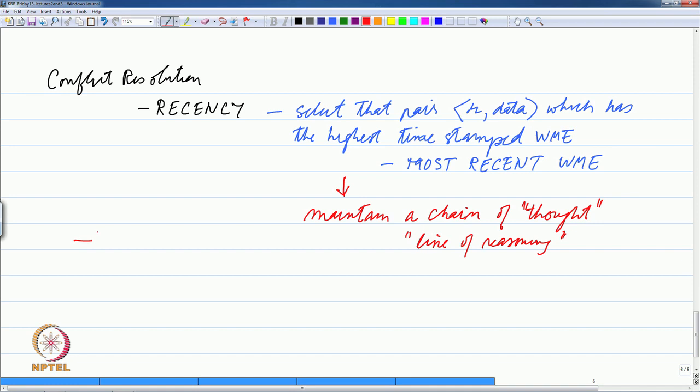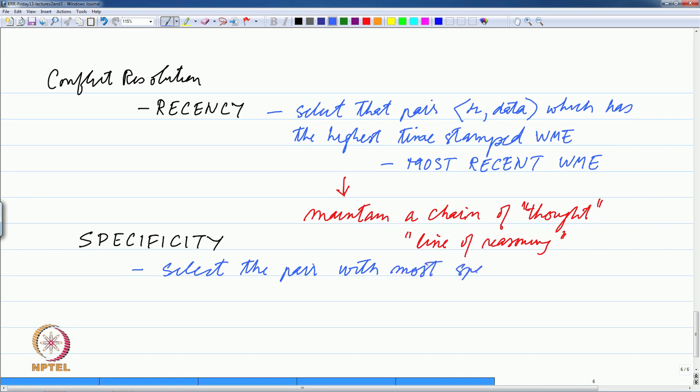And then another important strategy is called specificity. This says select the rule or select the pair with most specific data.